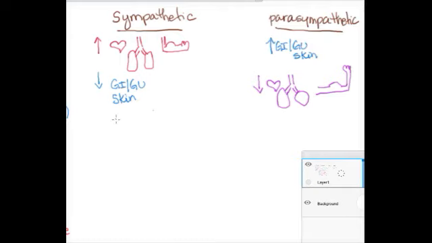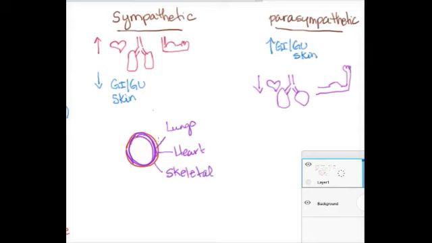So you've got that smooth muscle. Here's your blood vessel. And lining the inside of the blood vessel is going to be smooth muscle. And if you want to increase the blood supply to the lungs, to the heart, and to skeletal muscle, the blood vessels will be large and open to those structures.